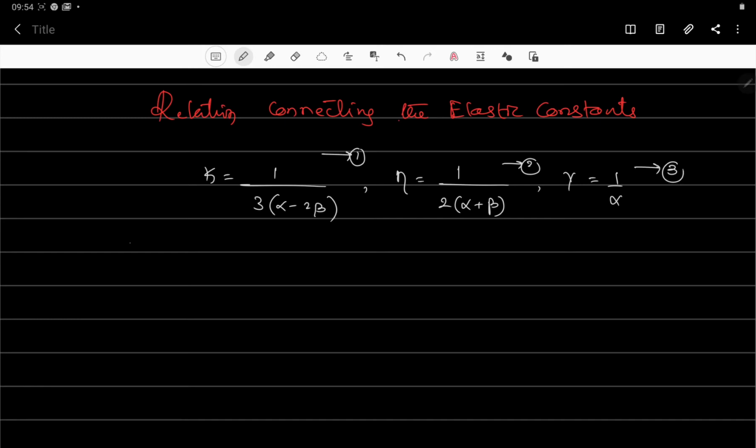We will take from equation 1. From equation 1, alpha minus 2 beta equals 1 upon 3k, since we have shifted the numerator and denominator. This is equation number 4.